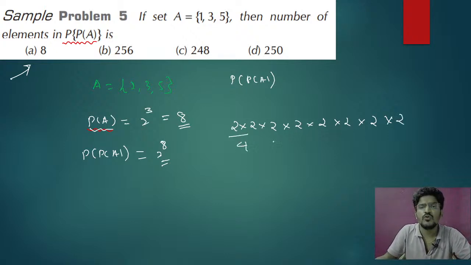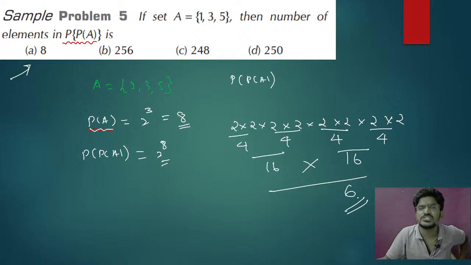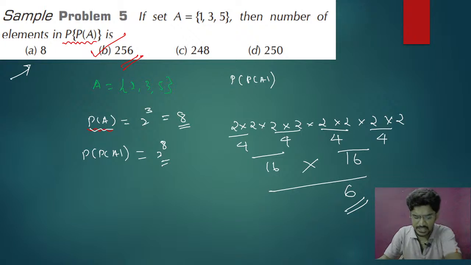Clear? 4, 4, 4, and 4. Here you see 16, 16. Multiply 16 into 16. So 16 into 16 means the last digit must be 6. Here you can see only one option is present with last element as 6. Therefore 256 is your answer. These all are your shortcuts.